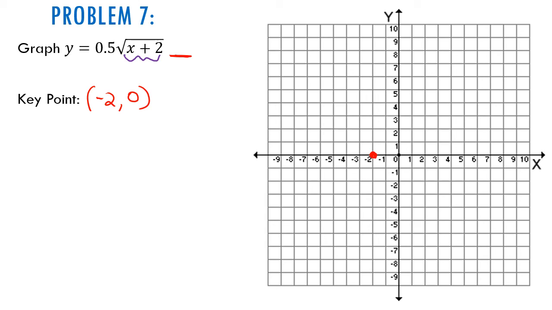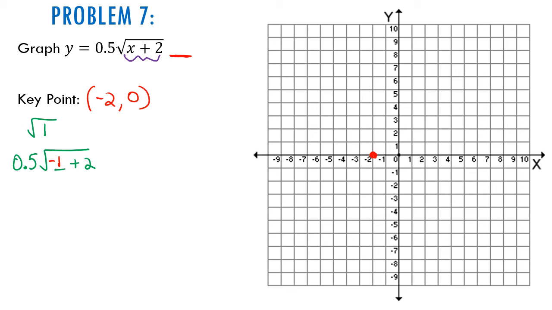And so now we can go ahead and ask ourselves the question. We're trying to create a square root of 1. So we got 0.5 square root some number plus 2. And we're kind of asking ourselves, all right, what number plus 2 would equal 1? That would be negative 1.